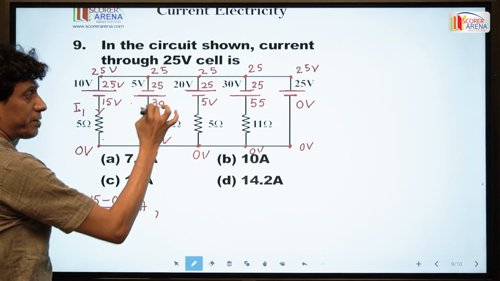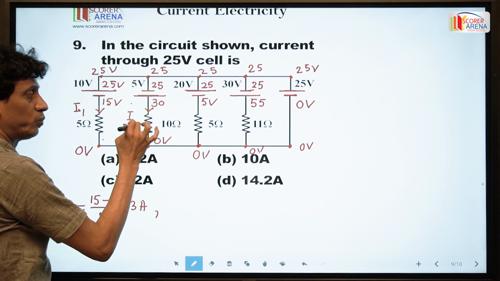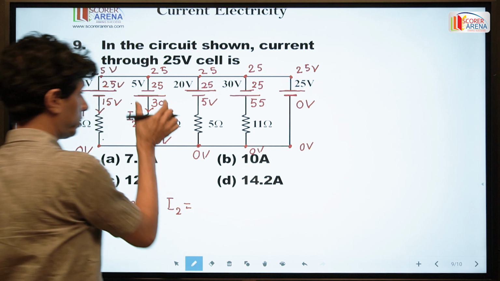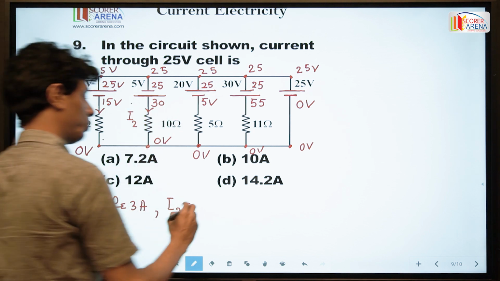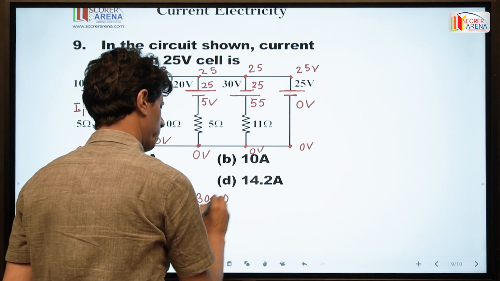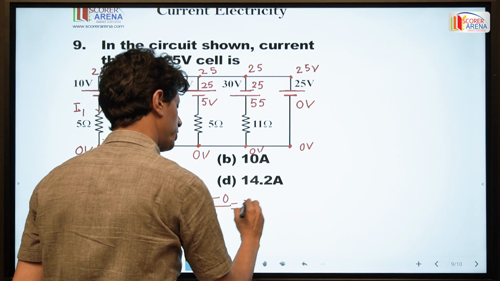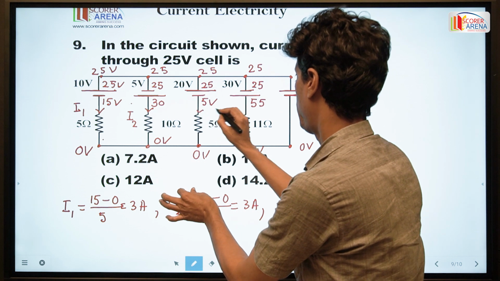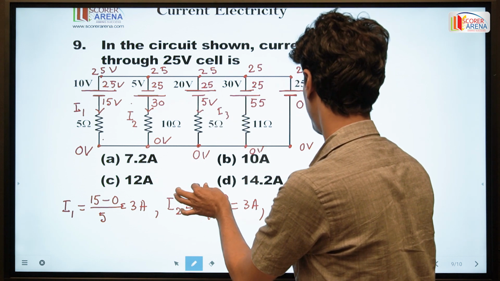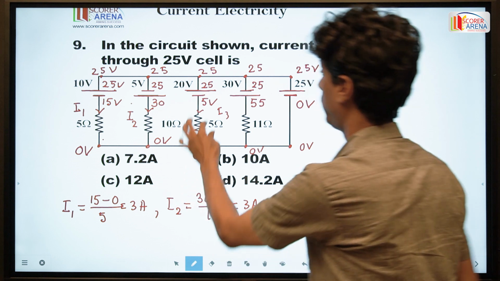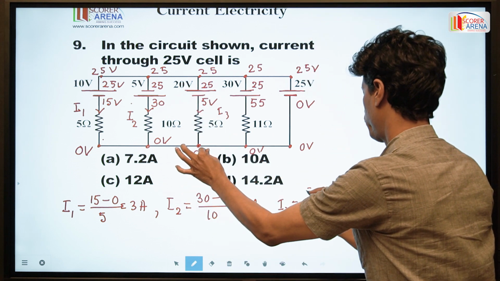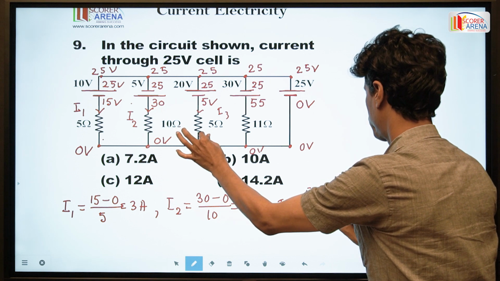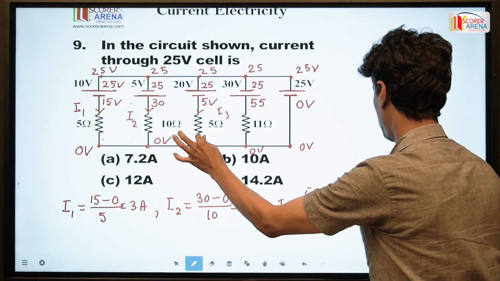The current through this branch, let us say I2, is equal to 30 minus 0 divided by 10, which is 3 ampere. The current through this branch, I3, is equal to 5 minus 0 divided by 5, so it is 1 ampere.